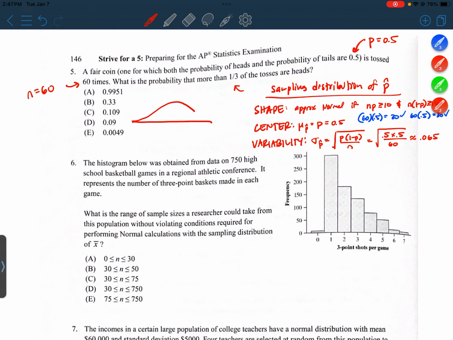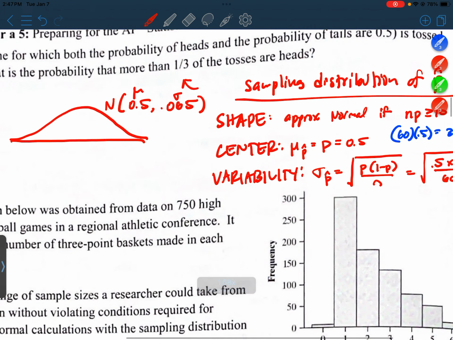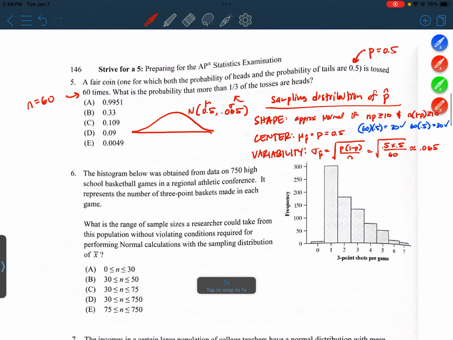So we're sketching our bell curve for our normal distribution. Label it N for normal. The mean is 0.5 and the standard deviation is 0.065, so mu for mean and sigma for standard deviation. There's 0.5 in the middle.